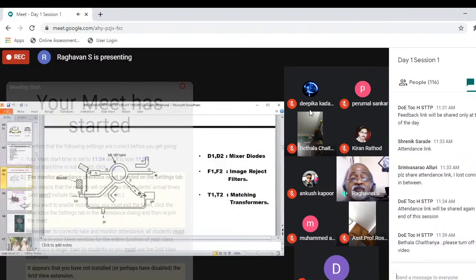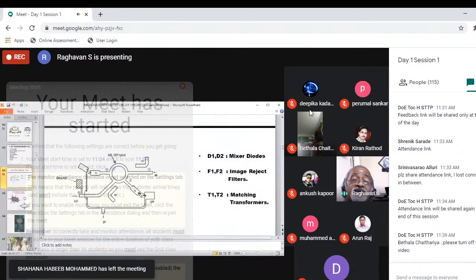People would have known about the superheterodyne receiver. That is in the form of a mixer. If you take a mixer, you get almost all the components. You get a rat race, a matching device, a low pass filter. So many components are there, and each you should design separately, then integrate.